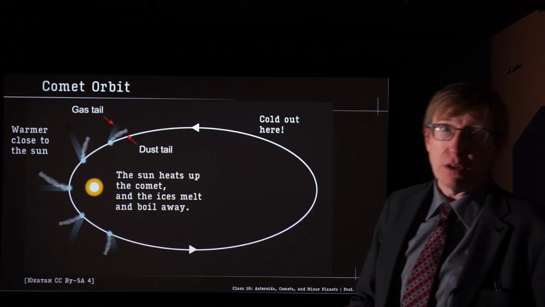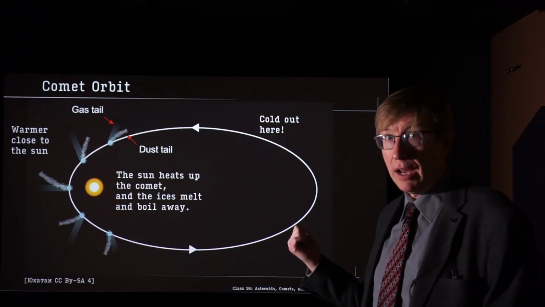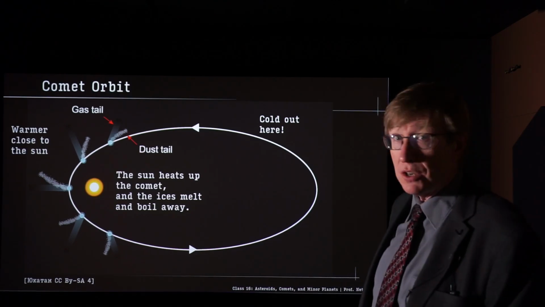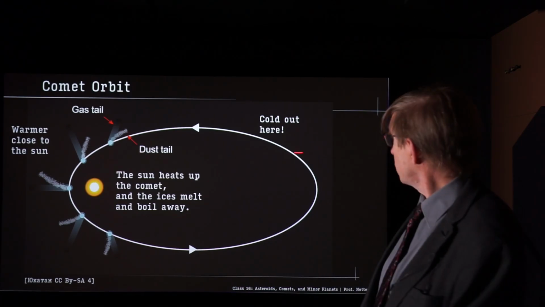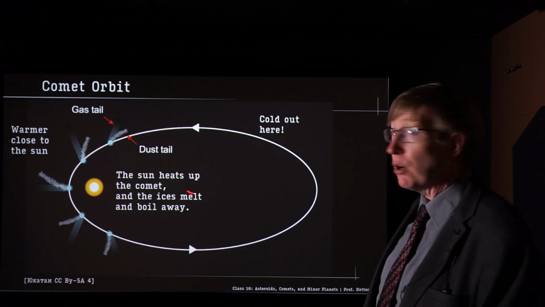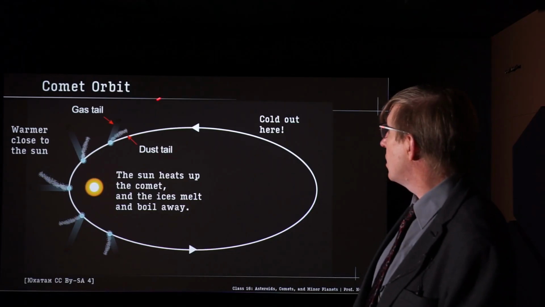Think about Pluto. Pluto is made of nitrogen, which out there is rock, and inside near where the Earth is, it's a gas. So it comes in, and the sun heats up the comet, and the ices melt and boil away. And you get this stream of material spewing out of the comet.